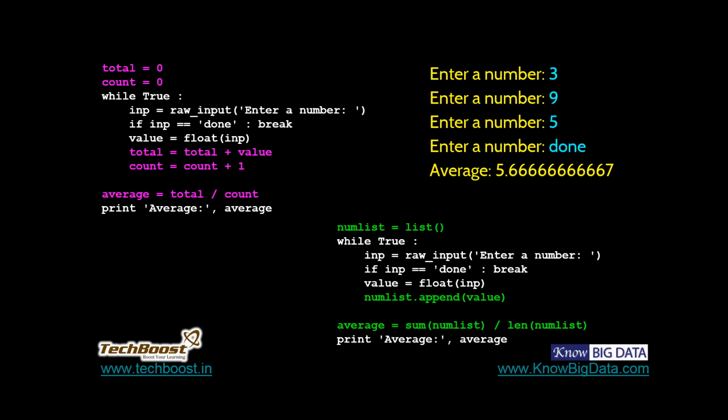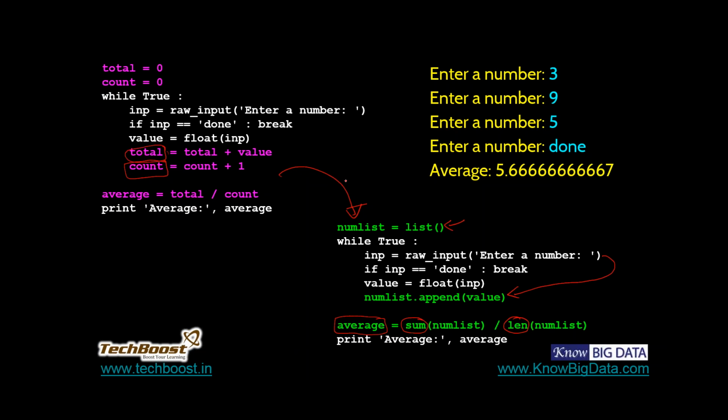The first variable is total, and the second variable is count. Why we are discussing this is because we don't need two variables; rather, we can create a list, and whatever number the user has input, let's append it to the list.